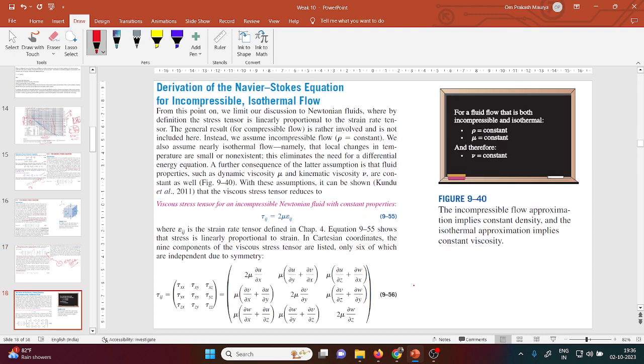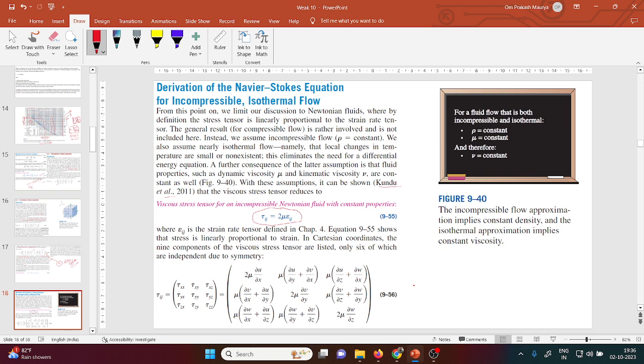So in the derivation of the Navier-Stokes equation, one thing is very important: tau ij is related with this, and this relation was given by many researchers. Kundu, in 2011, gave the viscous stress tensor for an incompressible Newtonian fluid with constant properties.